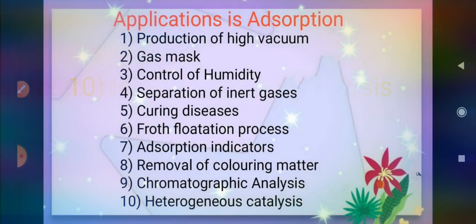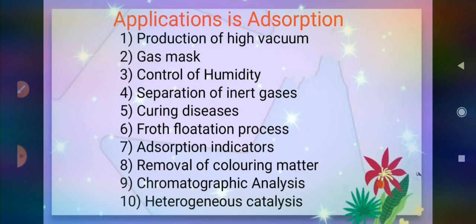So let us review the points we have discussed here. Applications of adsorption. The first one, production of high vacuum. Second, in making gas masks, which are used by workers working in coal mines. Third, to control humidity. Packets of silica gel are used to control humidity in different areas. Fourth, separation of inert gases.